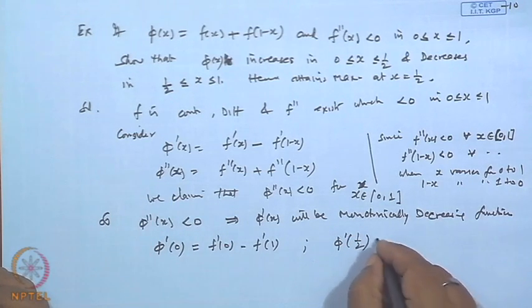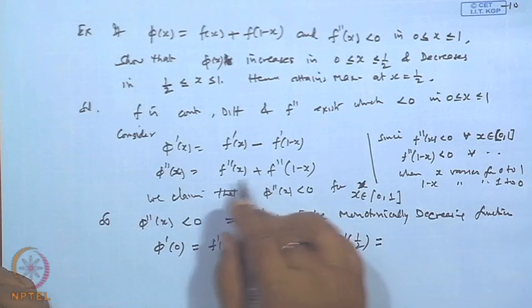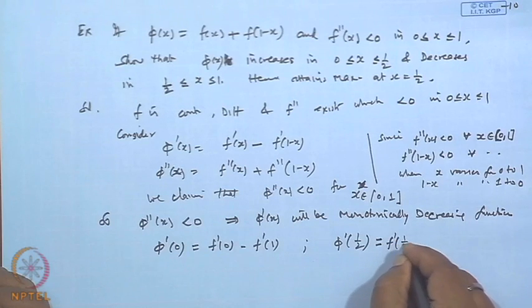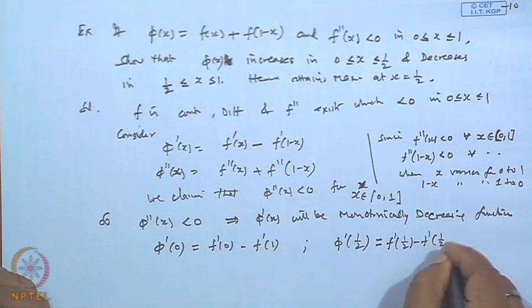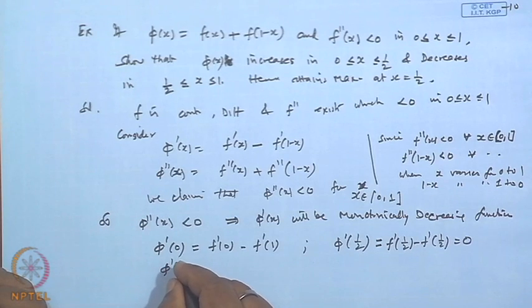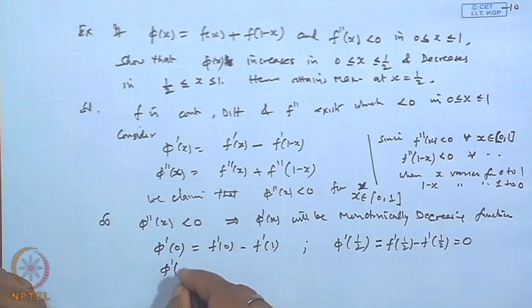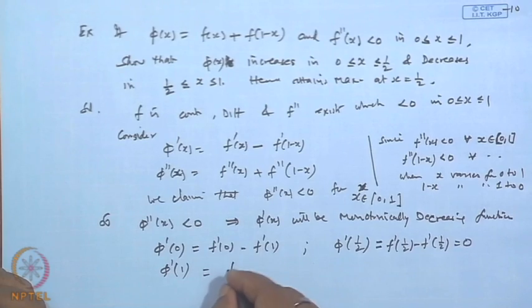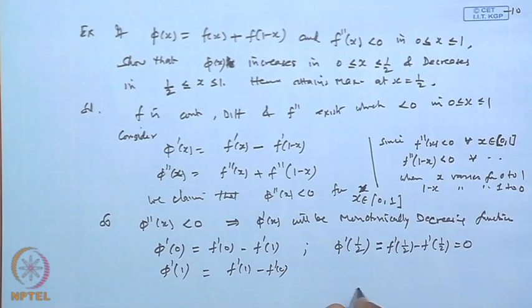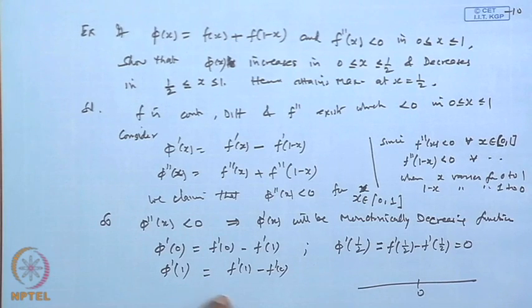Phi dash half, this becomes f prime half minus f prime half, which is 0, and then the value of phi dash at the point 1 is f prime 1 minus f prime 0.